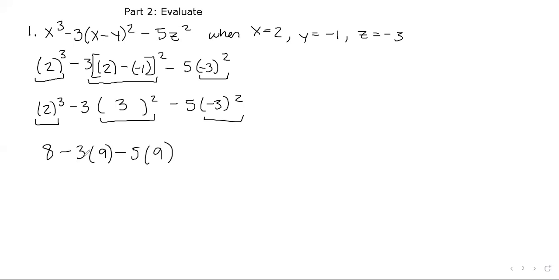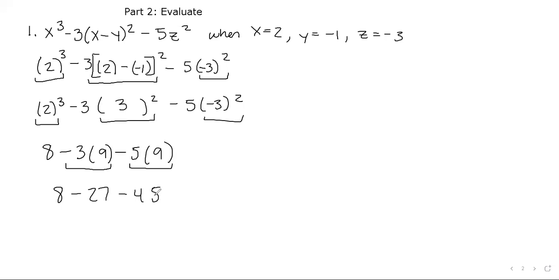Okay? So now, in PEMDAS, if we follow it correctly, the next thing we need to do is multiply this -3 times the 9 and this -5 times the 9, okay? And that is going to give us 8 minus 27 minus 45, okay?